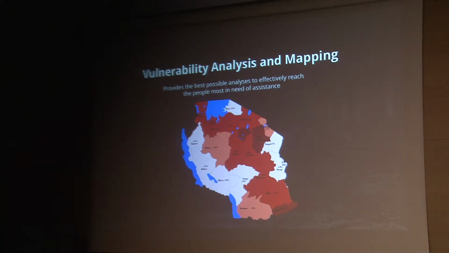That's an old survey. And the colors here show the food insecurity in Tanzania at that time for a specific indicator. I think the indicator here is the proportion of poor and borderline food consumption.